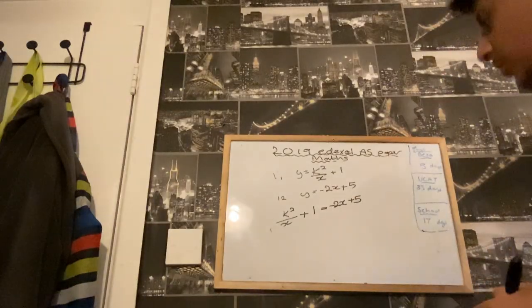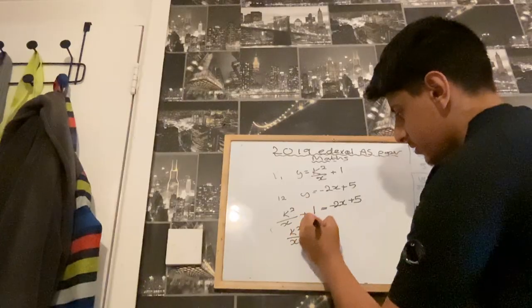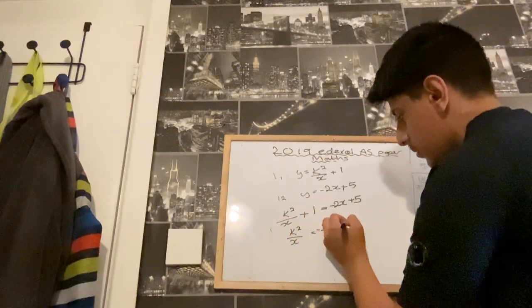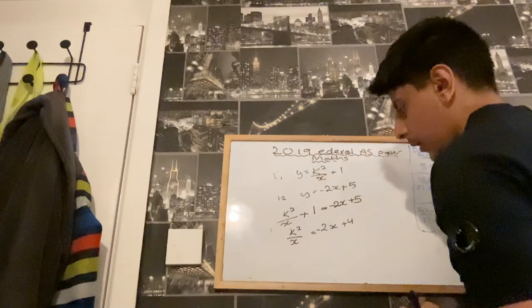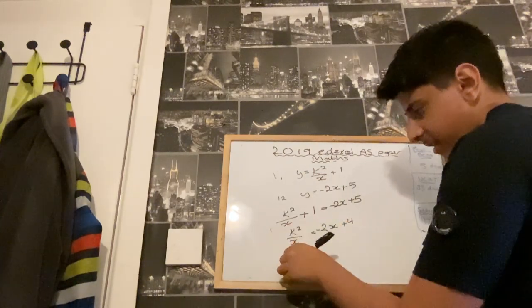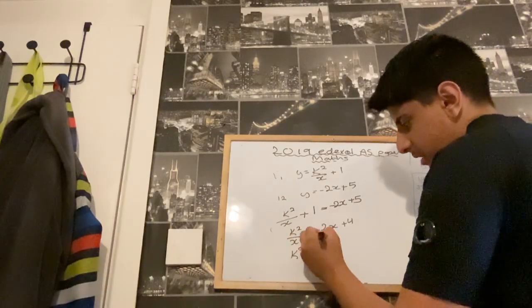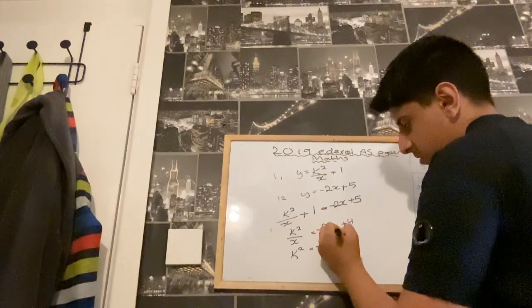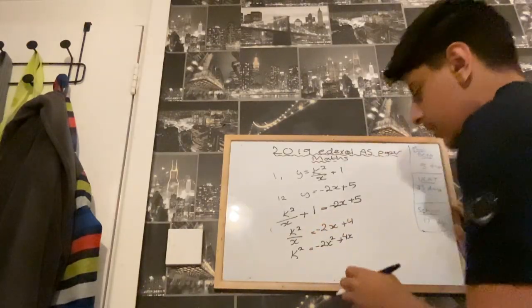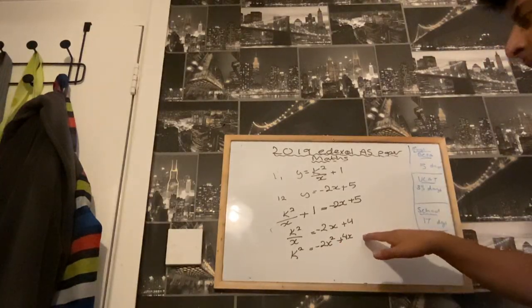Okay, tidy this up. k squared over x equals minus 2x plus 4. Multiply everything by x, because if it's divide, we want to times them all by x. So k squared equals minus 2x squared plus 4x. And then it wants it in a specific way.